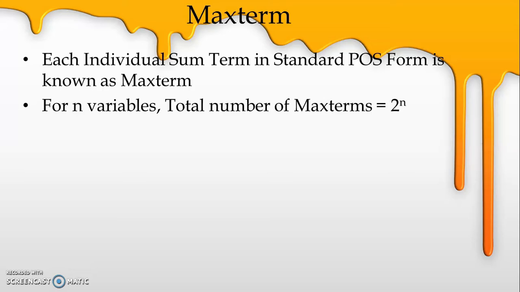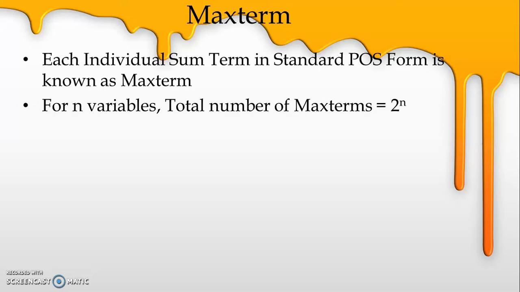If we have 2 input variables, the total number of maxterms is 2 raised to power 2, that is 4. For 3 input variables, it is 2 raised to power 3, so it is 8.